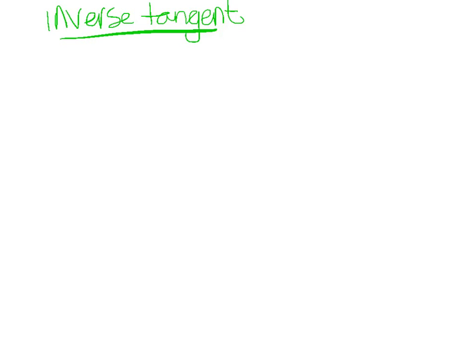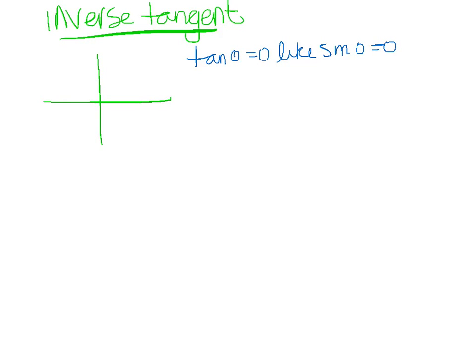Alright, I want to start to find the inverse tangent. Let's talk about that, and I'll start by graphing the tangent of x to see how to restrict the domain again. So I've got my axes. And the thing I remember about tangent is it's got those asymptotes I need to worry about. So how does this go? Let's see what I can remember. The tangent of 0 is equal to 0, just like the sine of 0 is equal to 0, right?